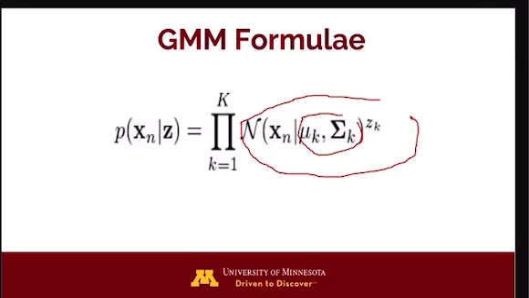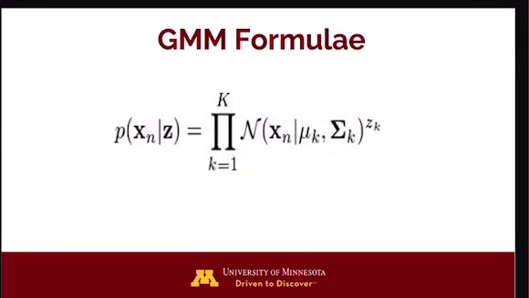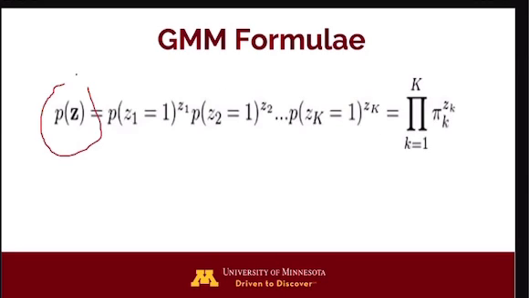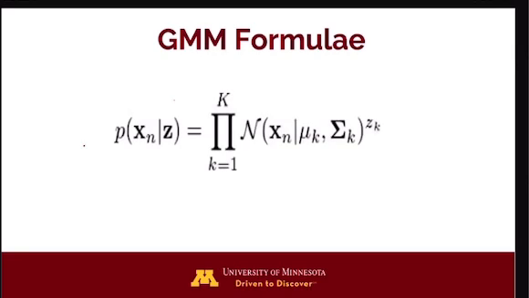So here, if you take a look at this, this is just the probability of Z. But if you take a look at this, here I choose an observation, xn. What is the probability of a z given that observation xn?